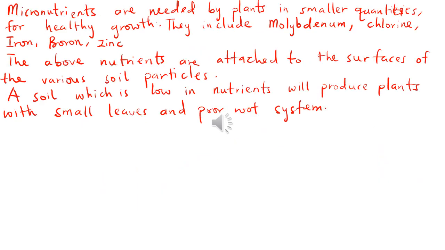Talking about micronutrients, again, as the name suggests, micro, they are needed in smaller quantities. Or you can say minor nutrients. They are needed in smaller quantities for proper growth of plants. Examples include molybdenum, copper.